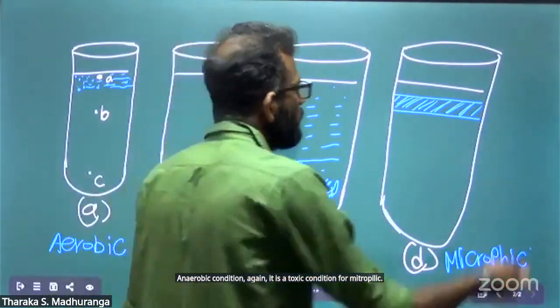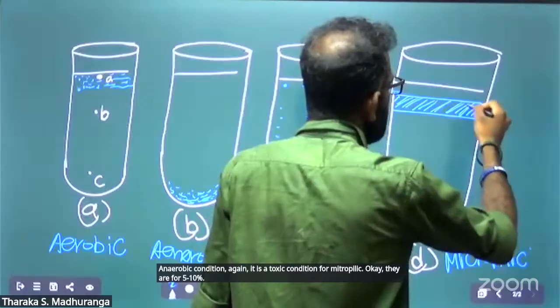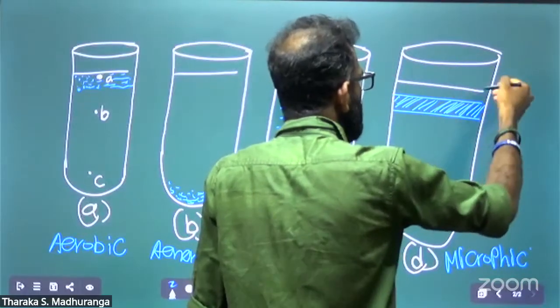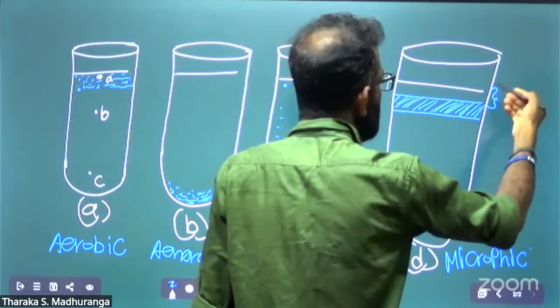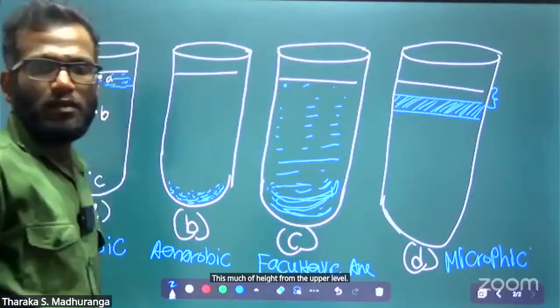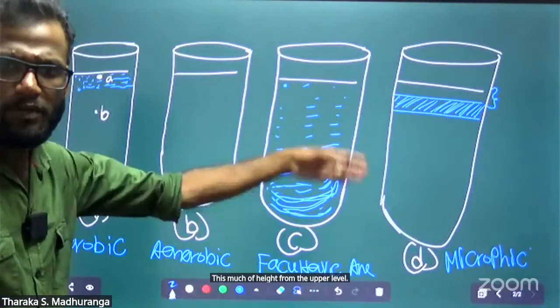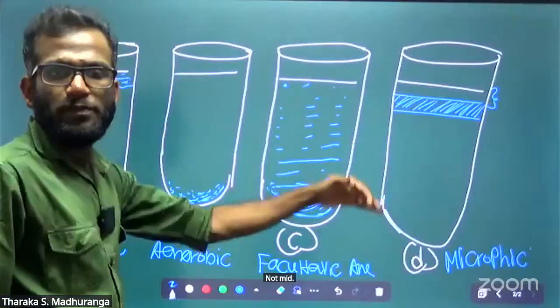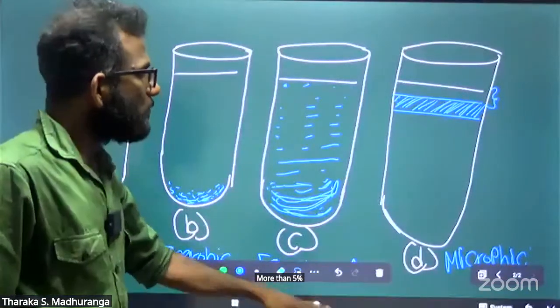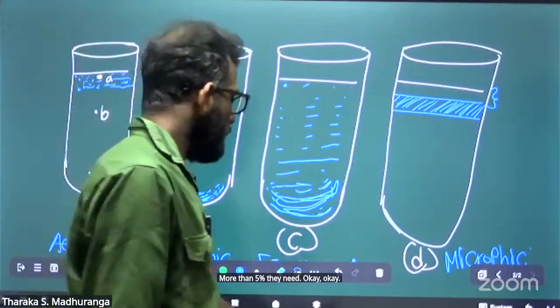Therefore they can live only in this area, this much height from the upper level. They need more than 5%. Okay, then you can remember, I think.